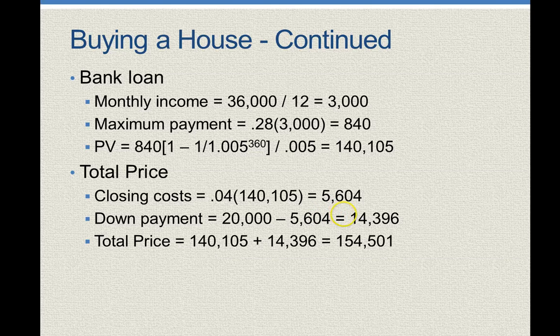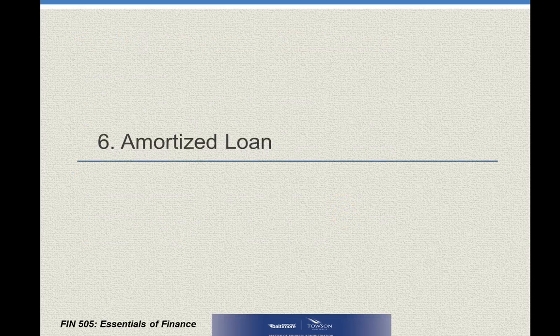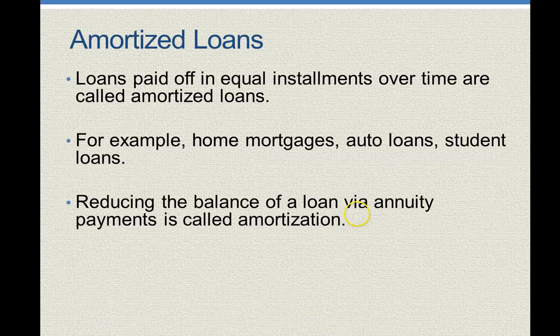Okay, so that's the example we just talked about. Amortized loan. Actually, we already talked about what an amortized loan is, and we also briefly talked about that. Some other examples of amortized loans include if you borrow to finance your study at the University of Baltimore here. Once you graduate and find a job, you have to pay your loan back.